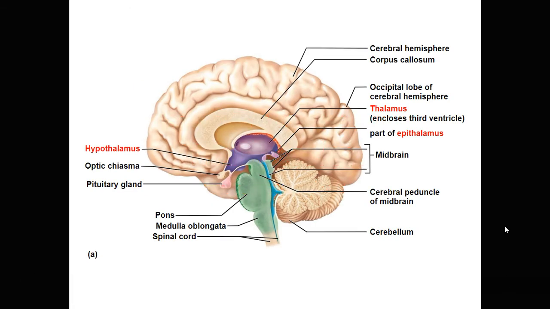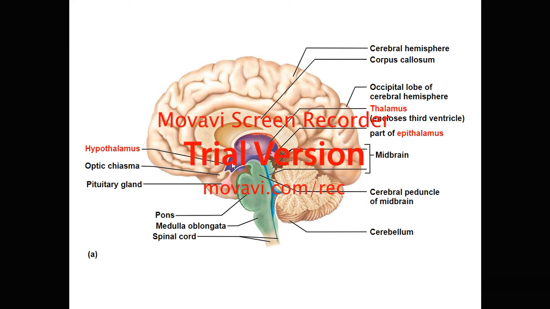On this slide, you can see the location of the thalamus right here. This is the hypothalamus right here, and this is only one part of the epithalamus. That right there is the pineal gland.